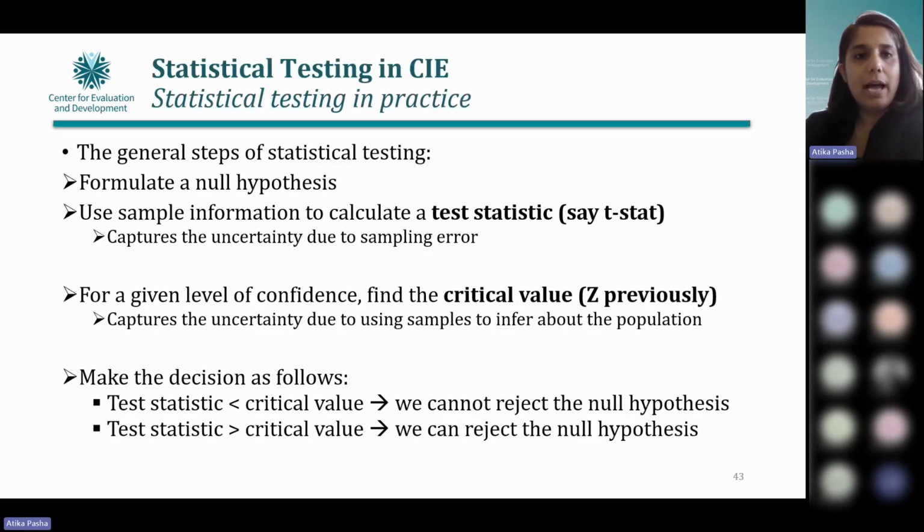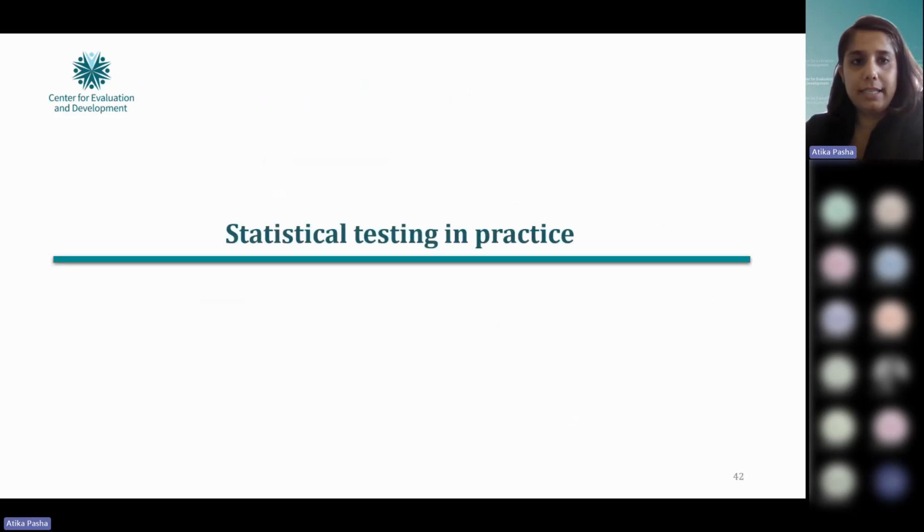Right, so we are talking now about statistical testing in practice. So far, we're looking at 2 types of uncertainties from a sample. First, the fact that it's not your population, it's just a sample. And secondly, the sampling error. So how you sample might bring high or low error in your sample.